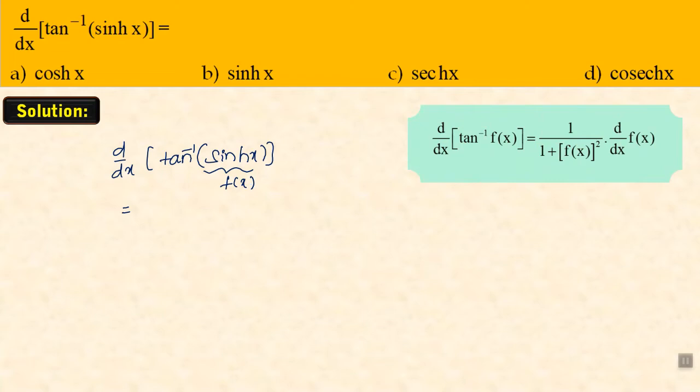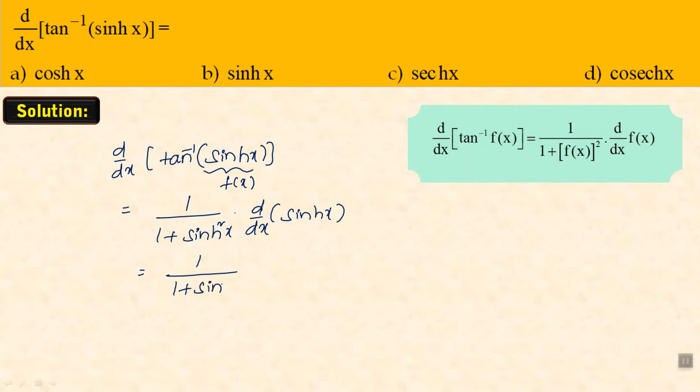We know that d by dx of tan inverse of f of x is equals to 1 by 1 plus f of x whole square, that is sin hx whole square, that is sin h square x into d by dx of f of x, that is sin hx, is equals to 1 by 1 plus sin h square x into d by dx of sin hx is cos hx.